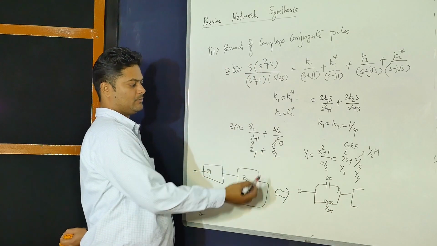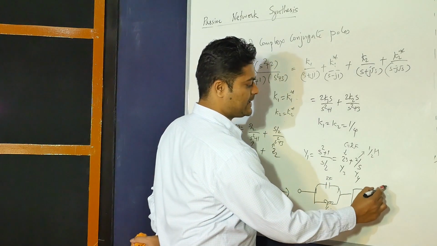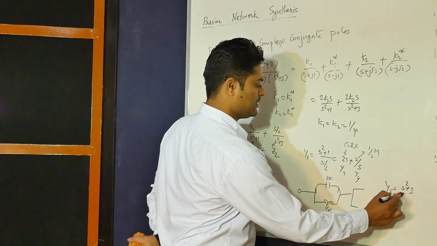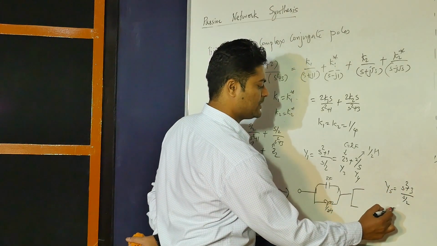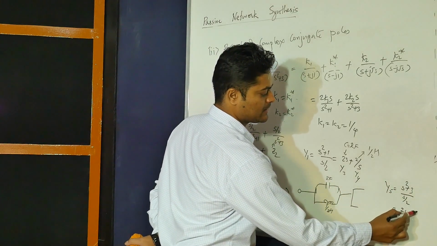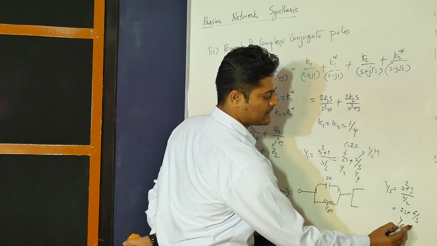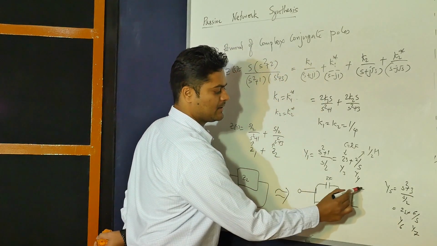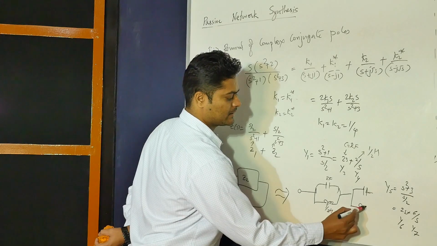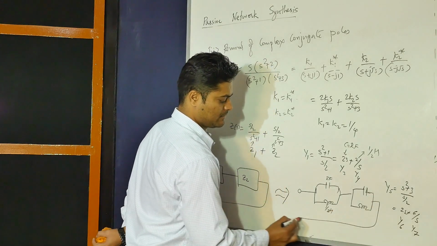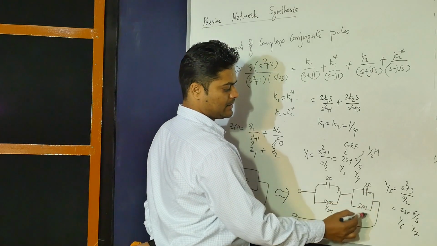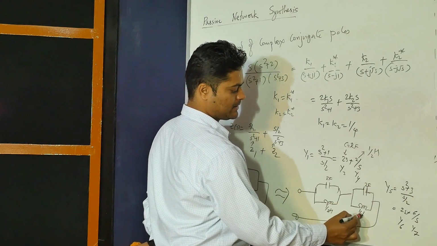The next one, Z2. Z2 can be written as, let me consider Y, that is s square plus 3 divided by s by 2, nothing but Y6, Y7. So 2s plus 6 by s, Y6, Y7, both are parallel, and one will be a capacitor and another will be an inductor. So the capacitor value is 2 farad, inductor value is 1 by 6 Henry.